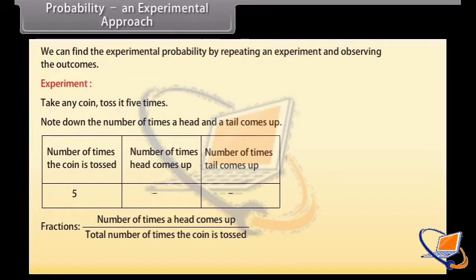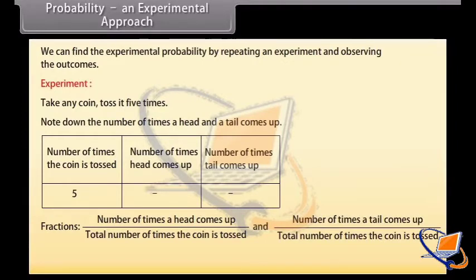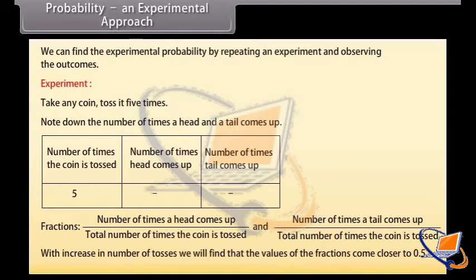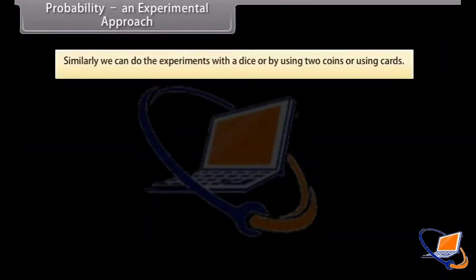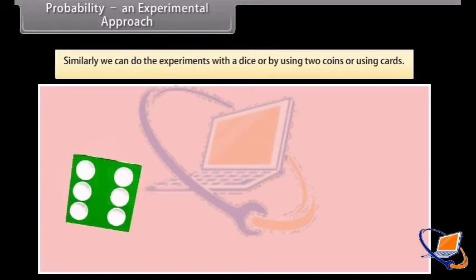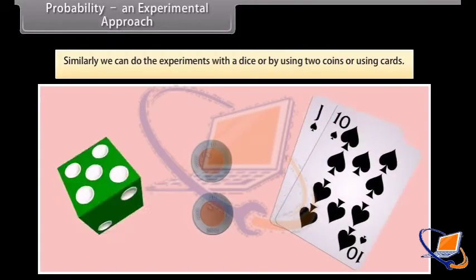First one is number of times a head comes up upon total number of times the coin is tossed, and the second one is number of times a tail comes up upon total number of times the coin is tossed. As we increase the number of tosses, we will find that the values of the fractions come closer to 0.5. Similarly, we can do the experiments with a dice, using 2 coins, or using cards.